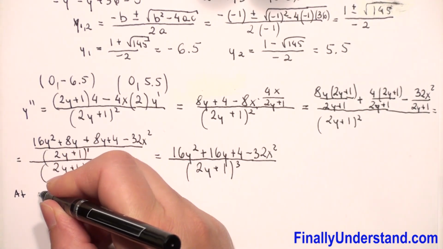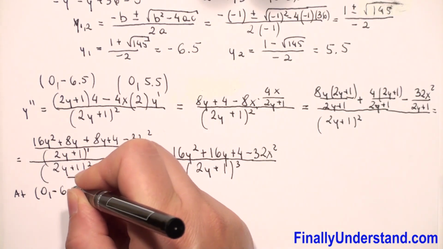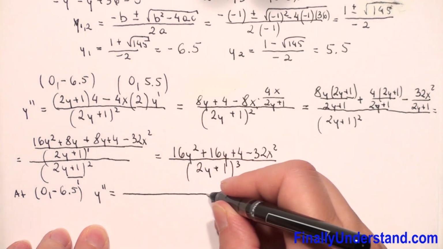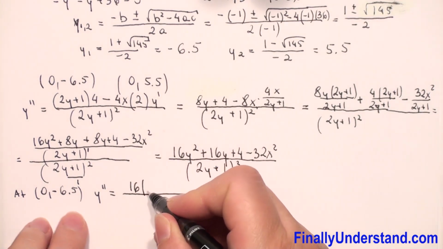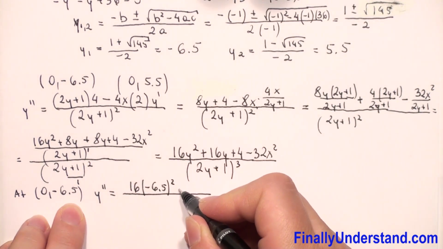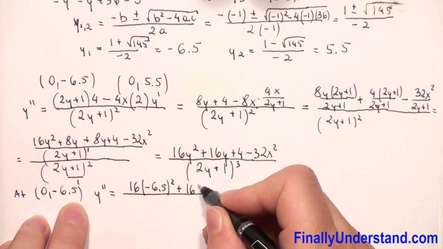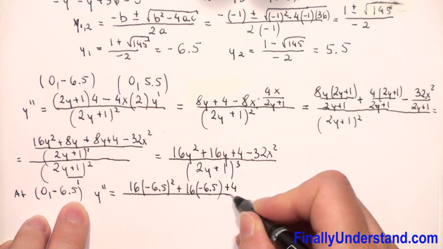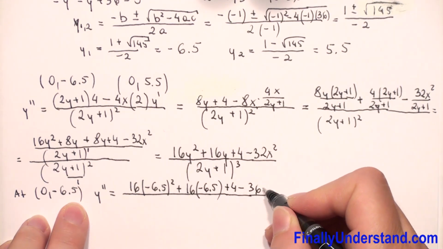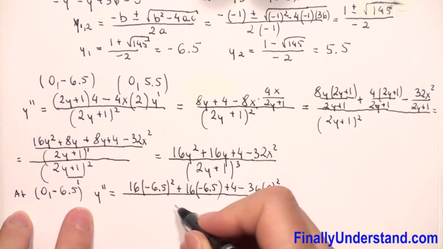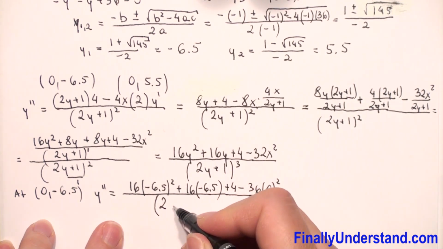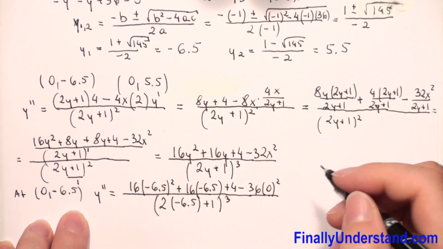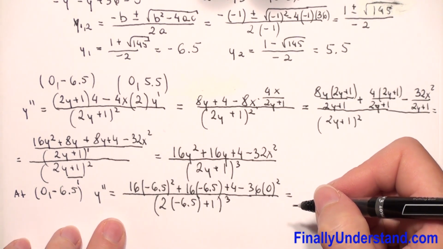So at point 0, negative 6.5, y double prime is equal to 16 times negative 6.5 to the second power plus 16 times negative 6.5 plus 4 minus 32 times 0 to the second power, everything over 2 times negative 6.5 plus 1 to the third power. This is equal. We can use a calculator.